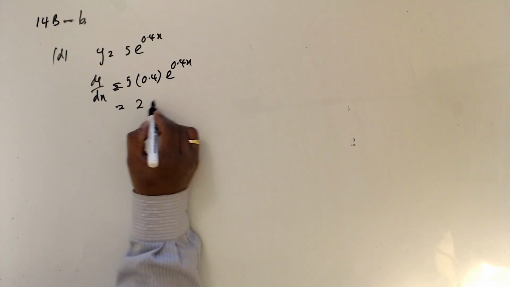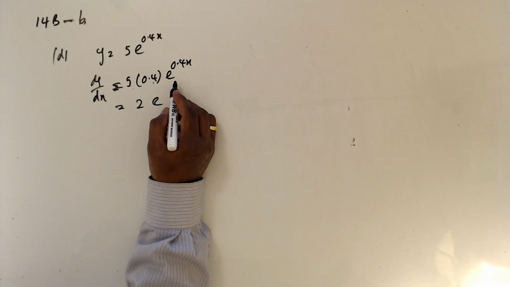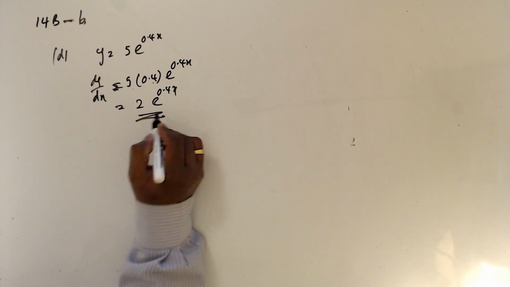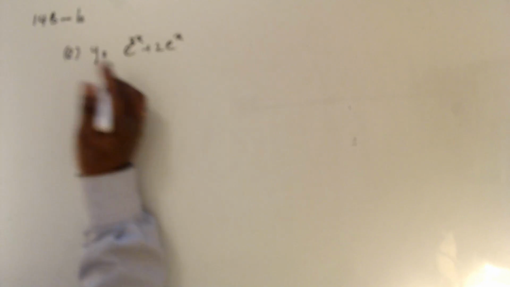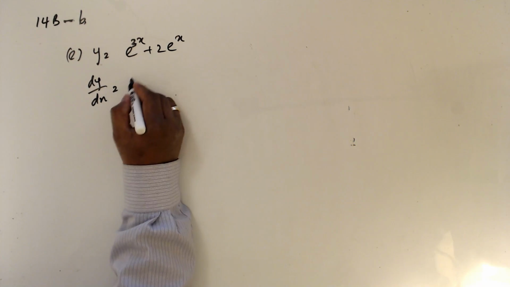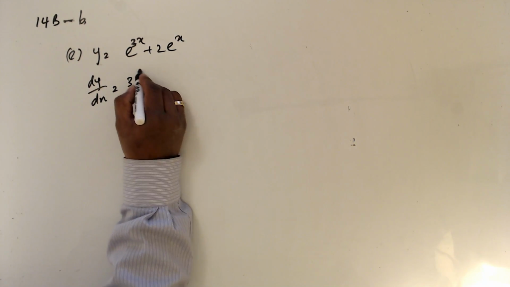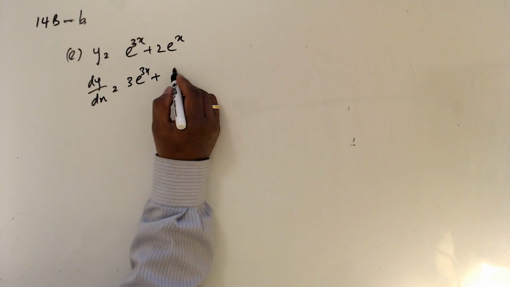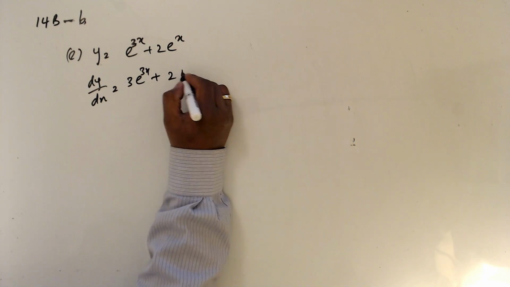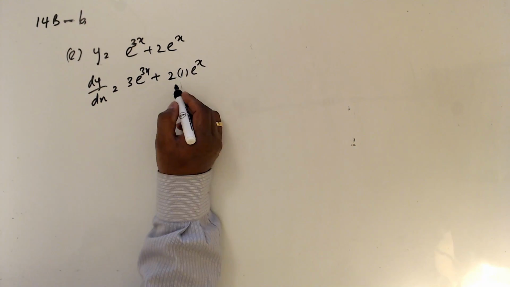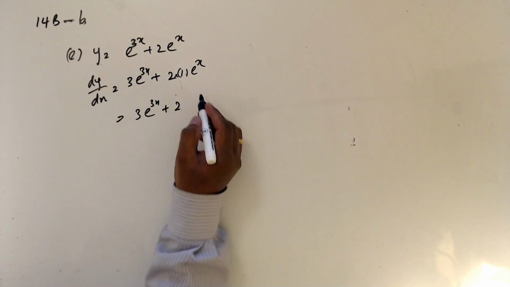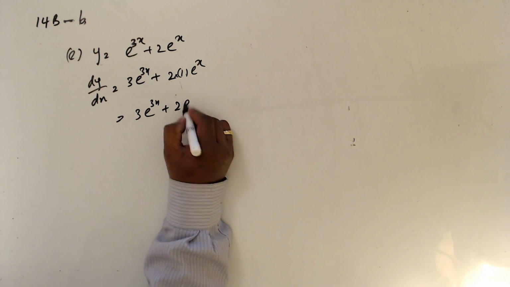So this is going to be 2e^0.4x. Now y equals e^3x plus 2e^x. We differentiate separately: 3e^3x plus 2 as it is, times 1 e^x. So this is 3e^3x plus 2e^x.